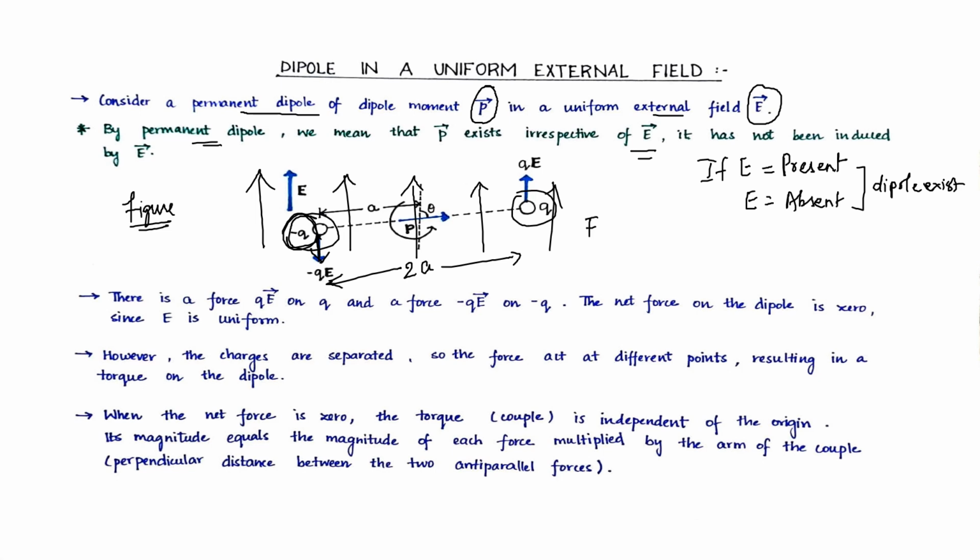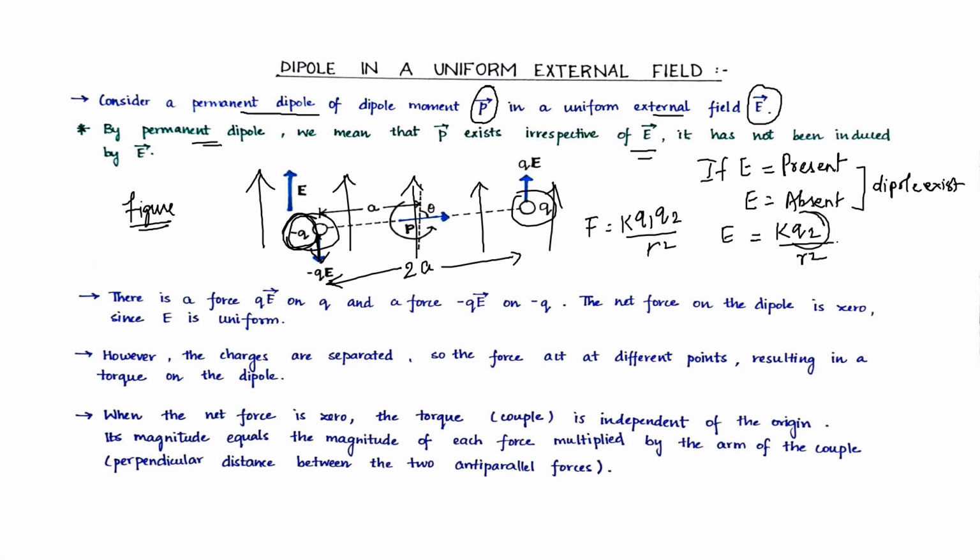Force is written as k q1 q2 by r square. How do we write electric field? We write k q2 by r square, or k q1 by r square, depending on which charge it is due to.